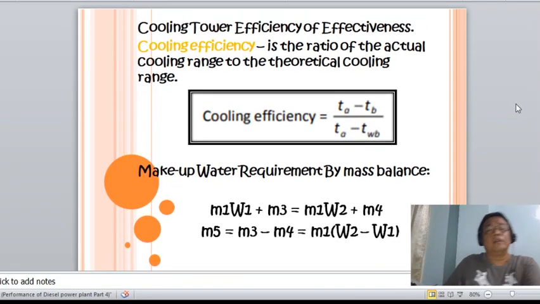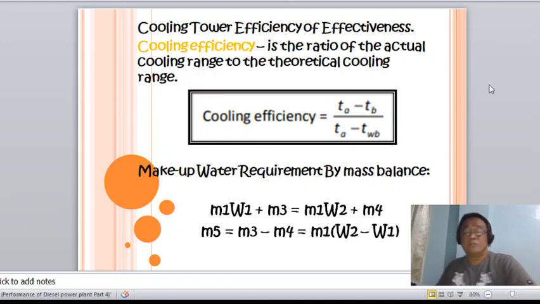Another, we have the cooling tower efficiency, or the effectiveness. Efficiency measures the effectiveness of the mechanical equipment or the tower. This is the ratio of the actual cooling range to the theoretical cooling range.